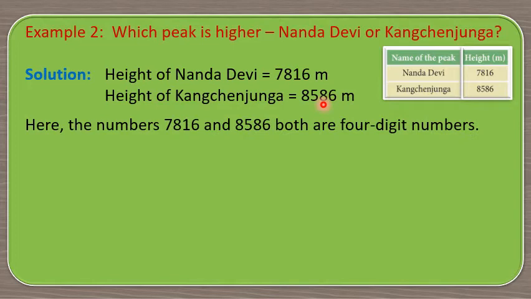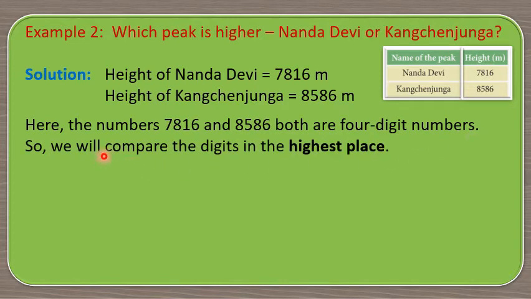Okay, now let us compare these two numbers and find which among these two is greater. Here the numbers 7,816 and 8,586 both are 4-digit numbers. So we cannot compare these two numbers as we did in example number 1.